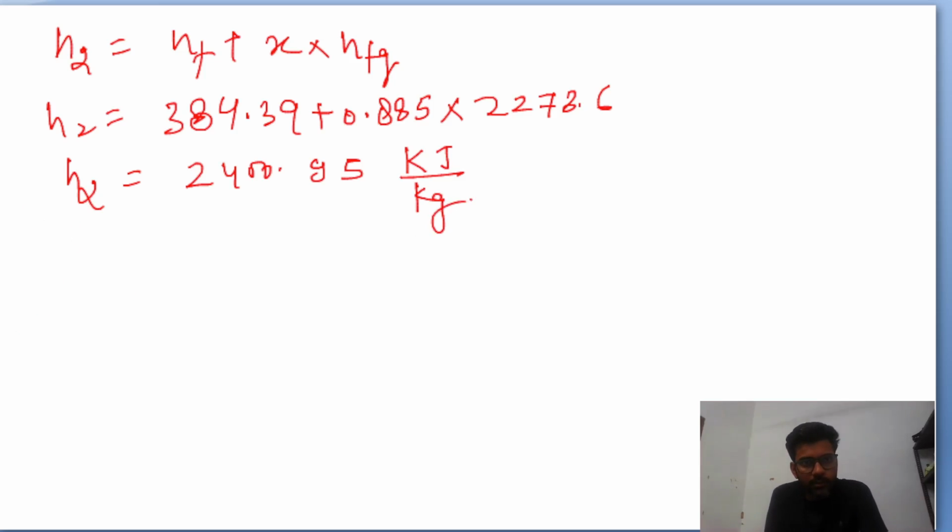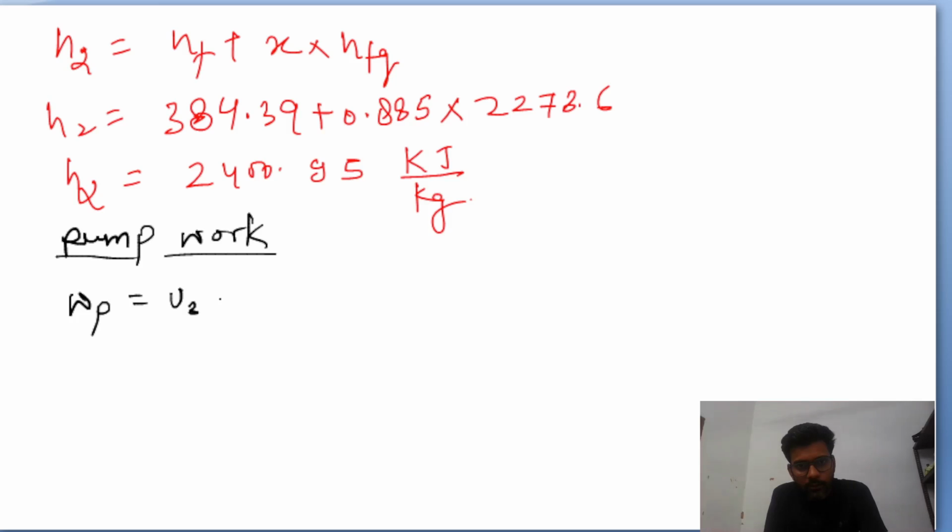Now the pump work, which is Wp, that is V3 into dP, that is the change in pressure, V3 into P4 minus P3.